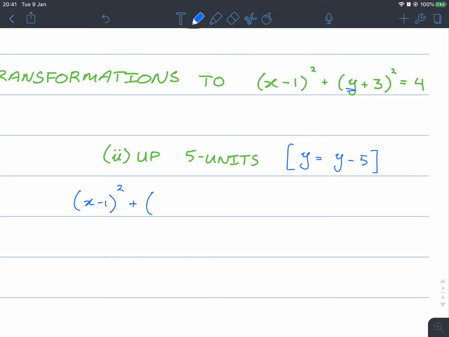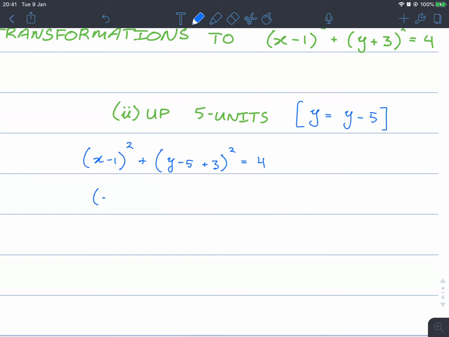And now this y is going to become y minus 5, so y minus 5 plus 3, all squared equals 4. Evaluating each part, we get y minus 2 squared equals 4.